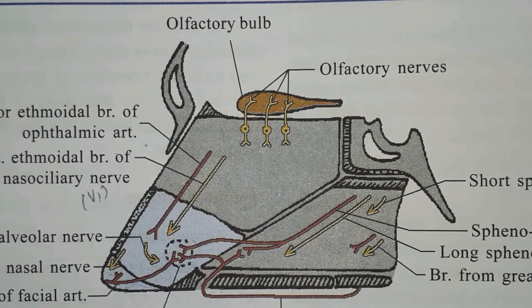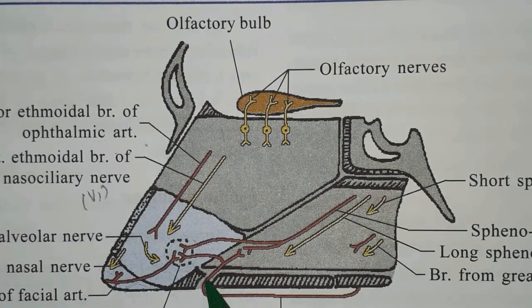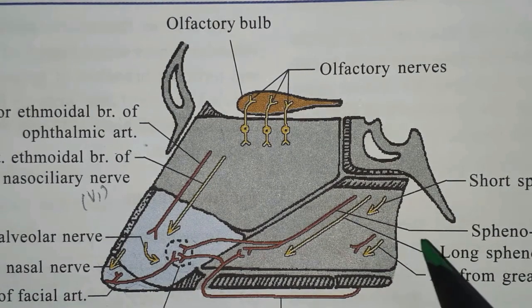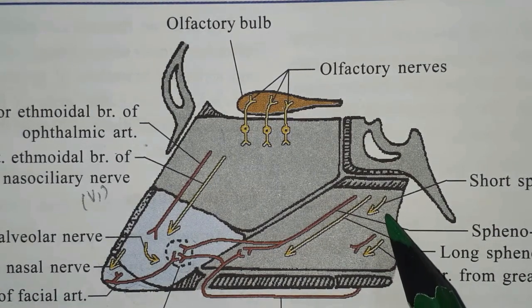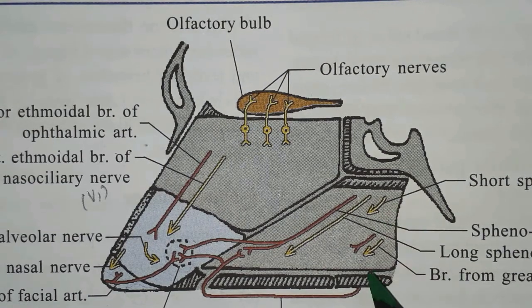The inferior most area of the nasal septum is supplied by the greater palatine artery, this one, and it anastomoses with the facial artery and the sphenopalatine artery over here. And about the nerves of the posterior part, you can see these are the short sphenopalatine nerve and a branch from the greater palatine nerve. These lie in the posterior most part.